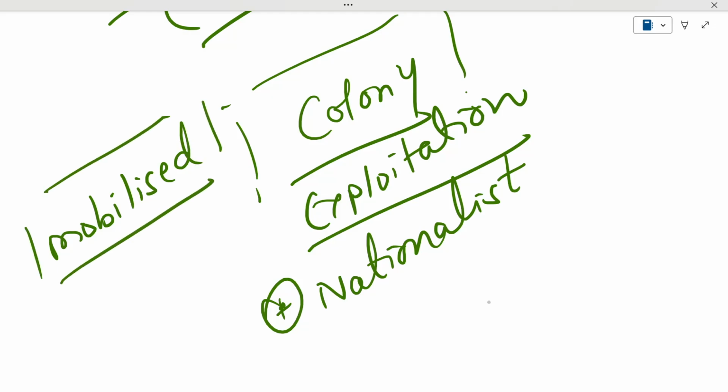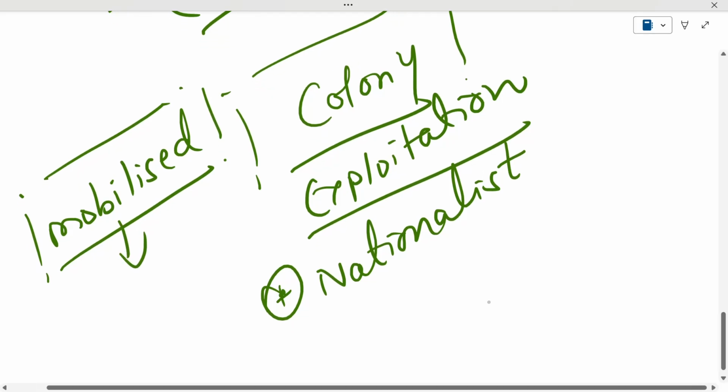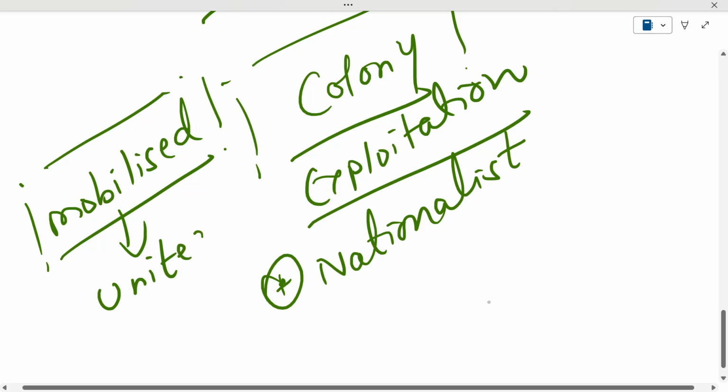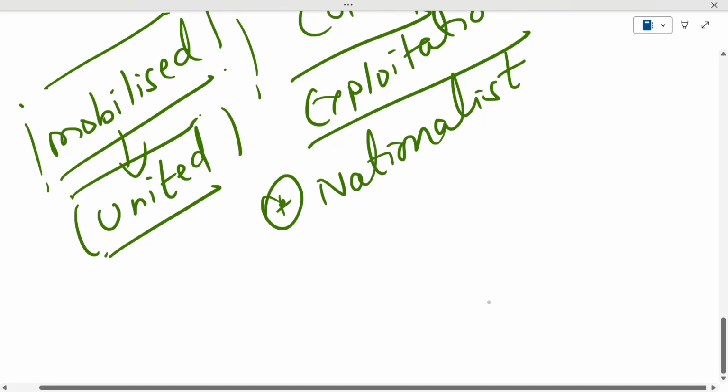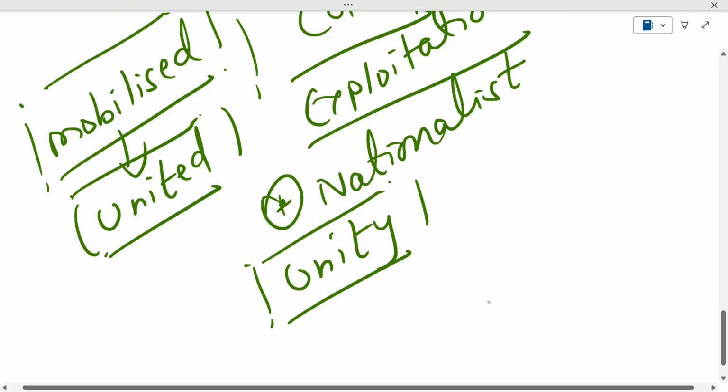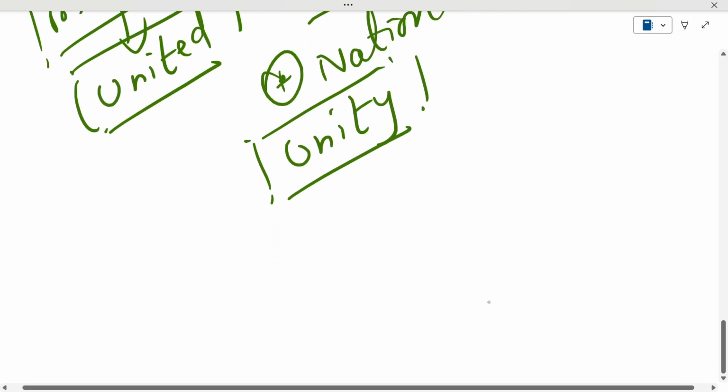And when people came together, when they were united, this unity or this mobilization could happen only on certain common grounds, or certain common promises.